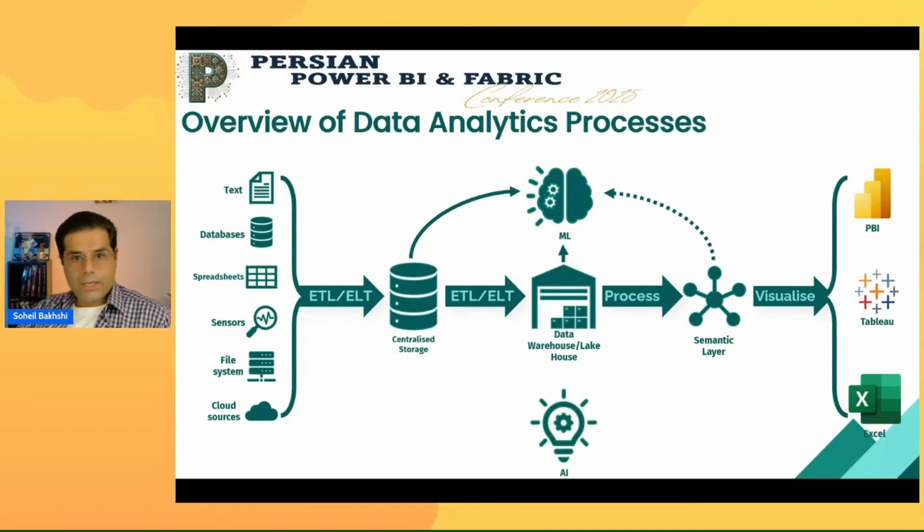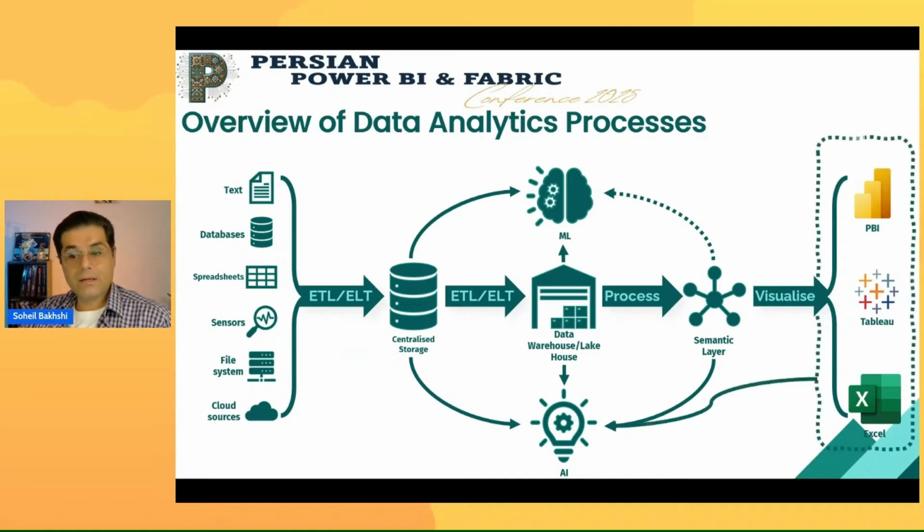The other part is the AI, artificial intelligence side of things. Artificial intelligence can source data from the centralized storage, from the lakehouse and warehouse, from your semantic layer, or even from your data visualization, to help us visualize the data in a better format, right?